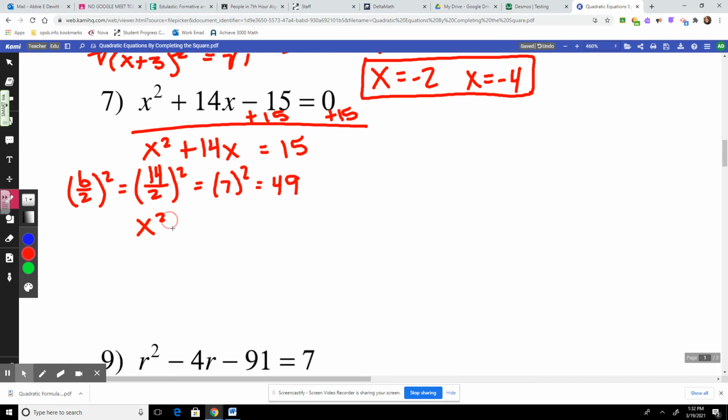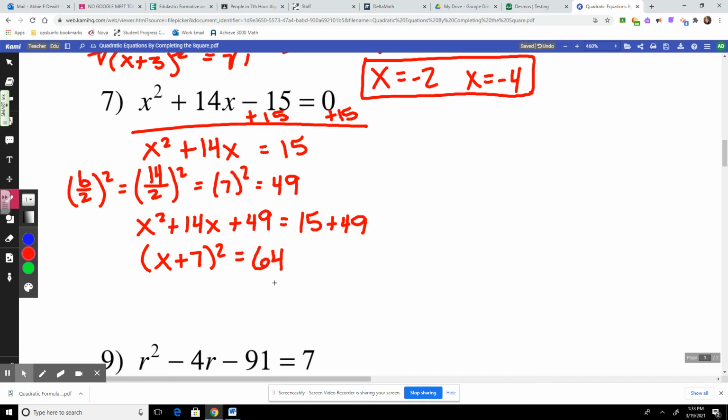So x squared plus 14x plus 49, that's the value that you add to both sides, equals 15 plus 49. And we've already done this twice. We know that to get positive 49, we multiply positive 7 and positive 7 and add 7 and 7 to get positive 14. So x plus 7 squared equals 15 plus 49. 15 plus 49 is 64.